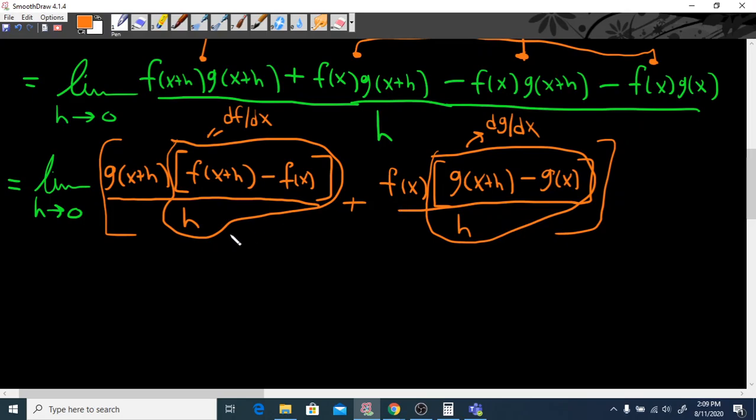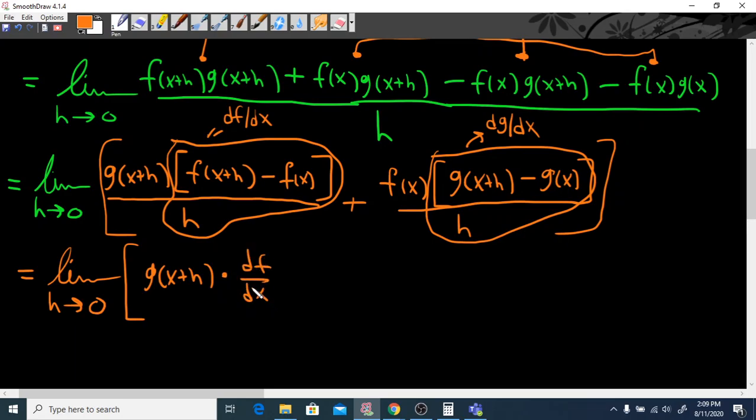All right, cool. So essentially what we have is this, right? Limit h approaches 0 of the following: g at x plus h times df dx. And by the way, by doing this, we get rid of both h's. Plus f of x times dg dx.